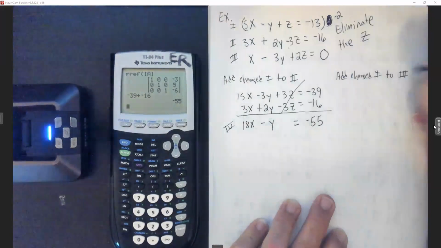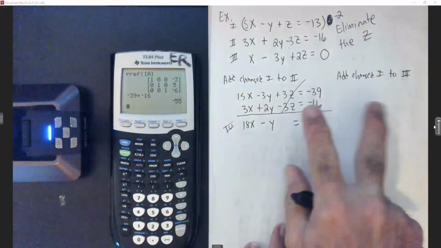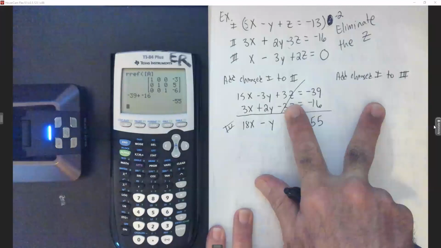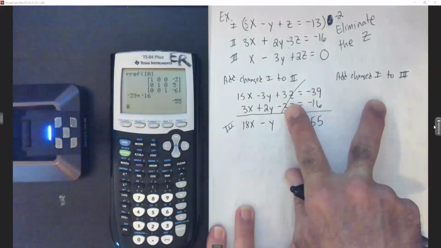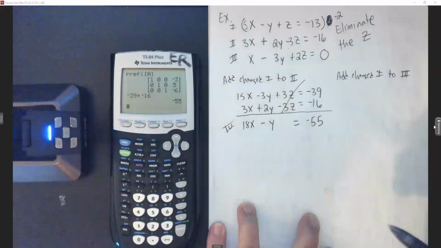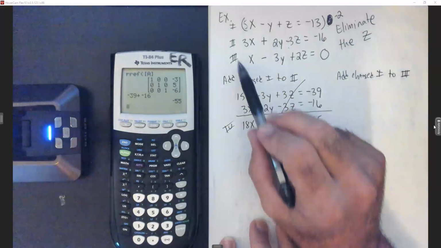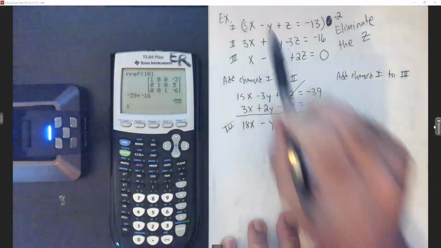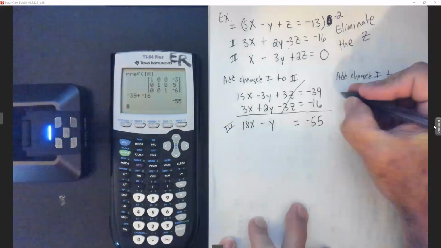So remember, these two sets of equations we add, any combination we can do, but we got to use all 3 equations, okay? So I used 1 and 2 here, so I had to use 3 on this one, so I picked 3 and 1.